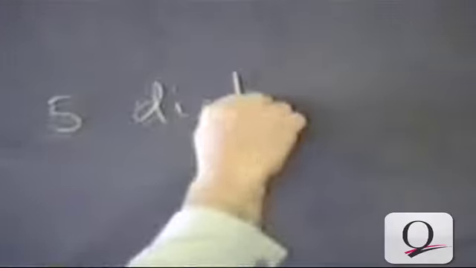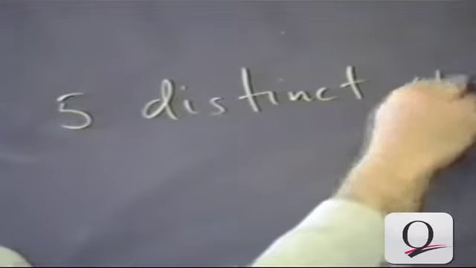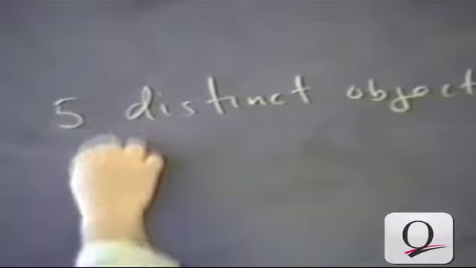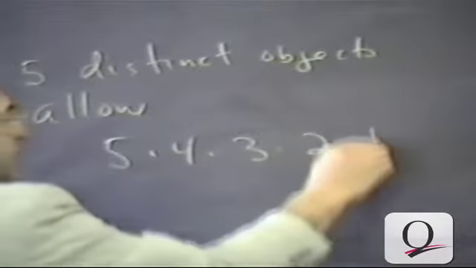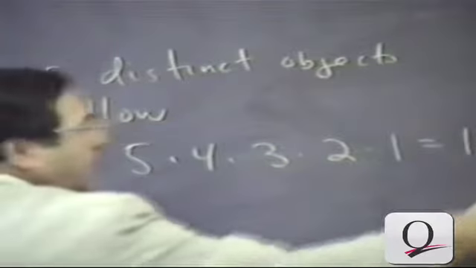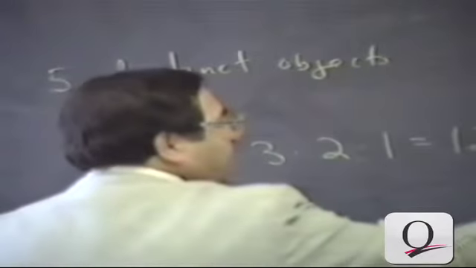If I were permuting all of them, I would start with whatever all of them was, multiply that by 1 less than that, then by 1 less than that, all the way till I get down to 1. For example, 5 distinct objects allow 120 permutations.